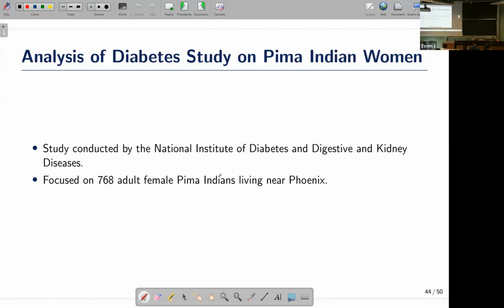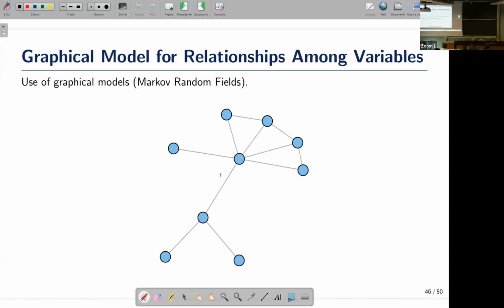Then we arrive at the end, with the analysis of the study on this tribe of Pima Indian women, and this data set.